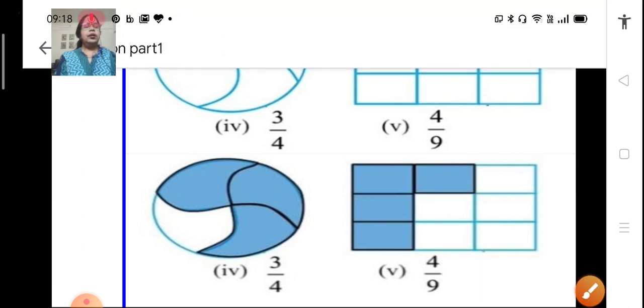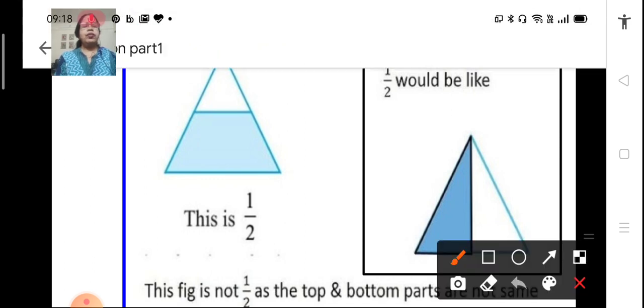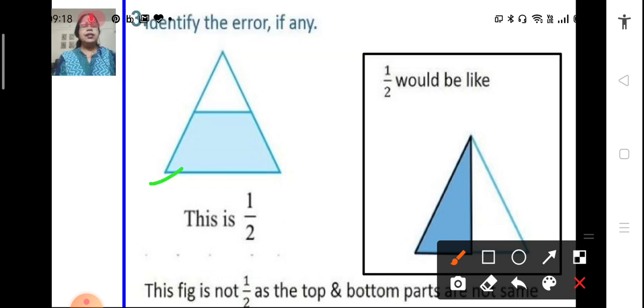Now third one, identify the error if any. That means you have to look at the picture and identify what mistake is there in this one. First one is given as this is half. In this figure, is the shaded part half?